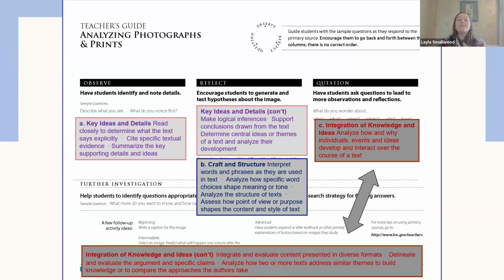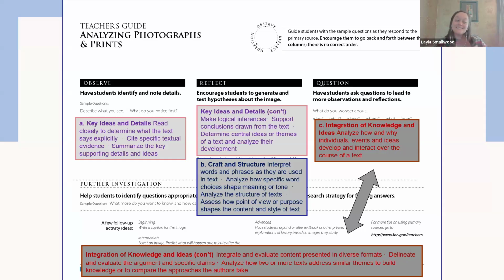So on this, you have students identify and note details when you're doing that observe. What do you see? What do you notice first? Really, what you saw us doing in the beginning of this session. So this is where you look closely at the details. If there's text on the paper, you can say there's text there or put what it says, but you're not digging into what it means yet. We're not saying, well, this says 1863, so here's the context for that.